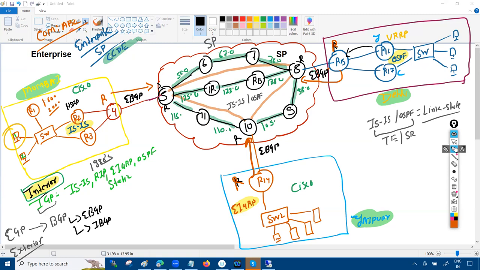So normally, when I receive the route from R4 to R5 through EBGP, I'm going to make an IBGP relationship between R5 to R8, between R5 to R10, and between R8 to R10.